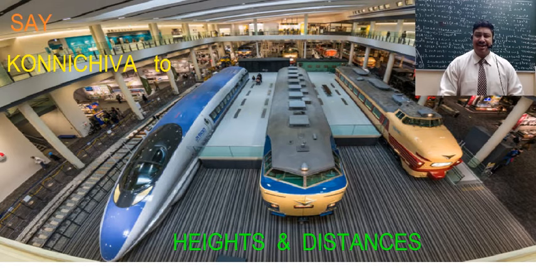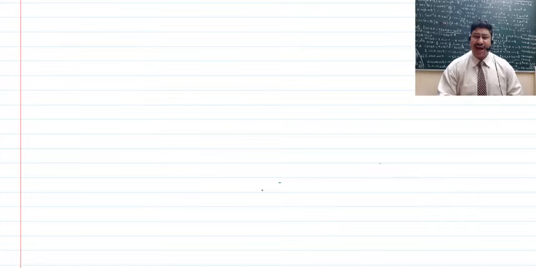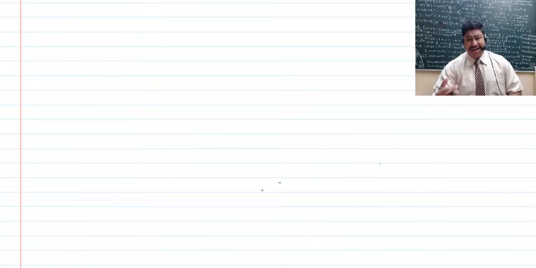So now, children, let's start off this lecture and let's quickly discuss what I have for you in this lecture about heights and distances. Initially, when we talk about heights and distances, we use different lengths as heights and distances.